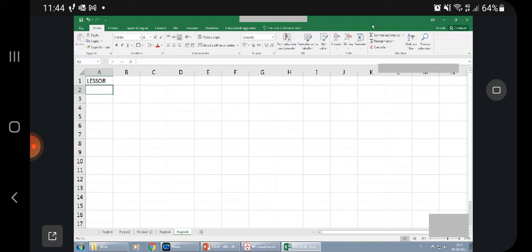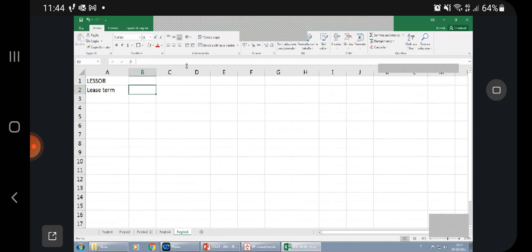And suppose that the lease term is for 2 years. But the asset is, I don't know, a car or another asset. The useful life of the asset, suppose, is 6 years.